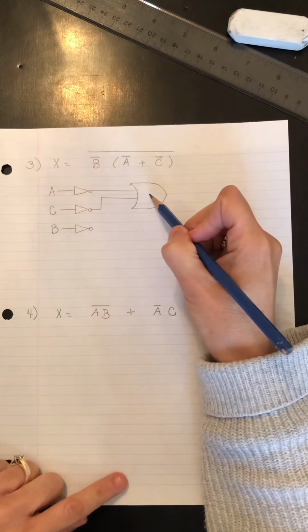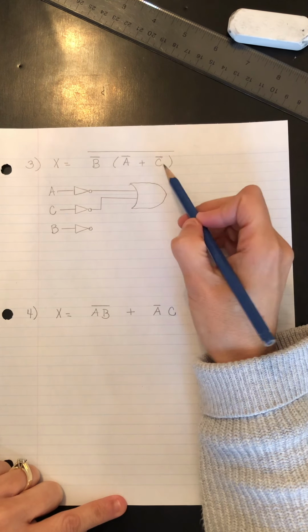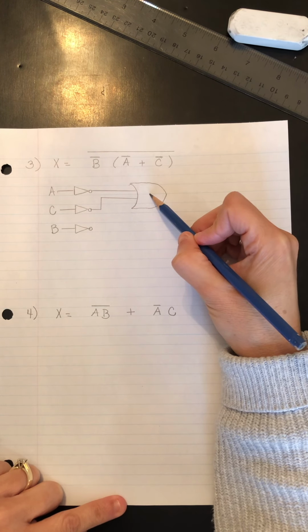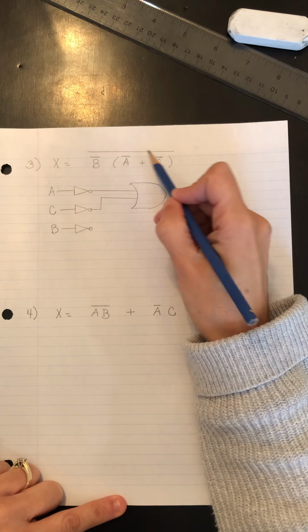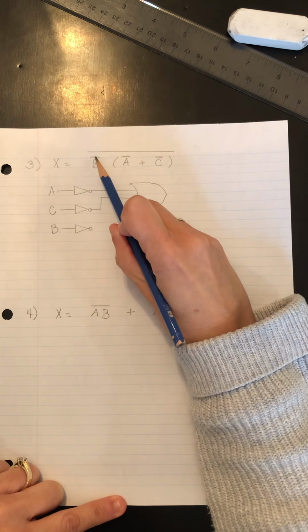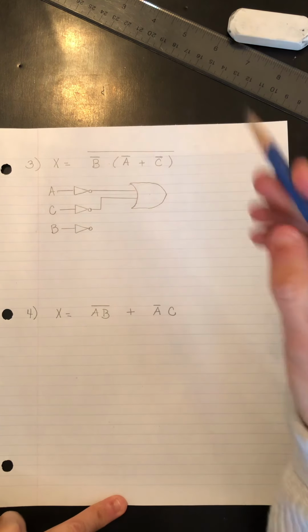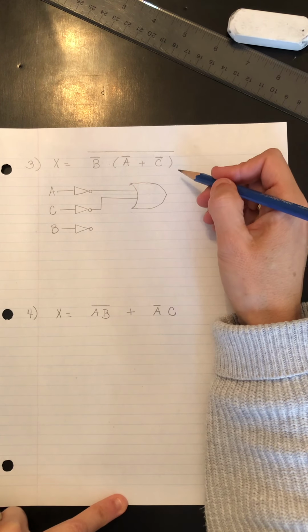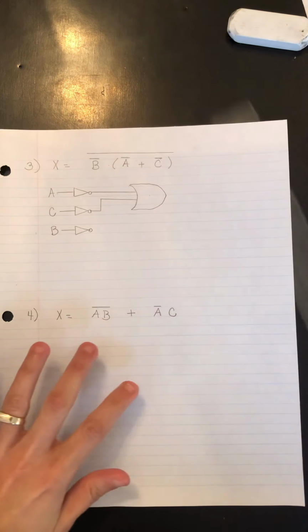Okay, so right here, I have now this part inside this bracket. This is A naught added with C naught. And now what happens with that? Well, it is multiplied by B naught. So the implied operation right here is multiplication. So to show multiplication with B naught, we need to have an AND gate.